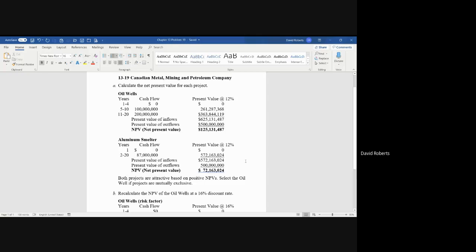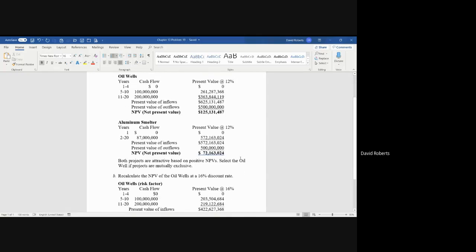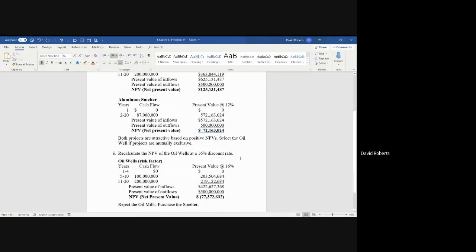Now, the aluminum smelter, in this particular case, as we found, only has a deferral period of 1 year. So there's no cash flows for the first year, but you start to get your money back much sooner, although the amounts of money are not nearly at the same level they were for the oil well. So in this case, there's 19 periods of 87 million.